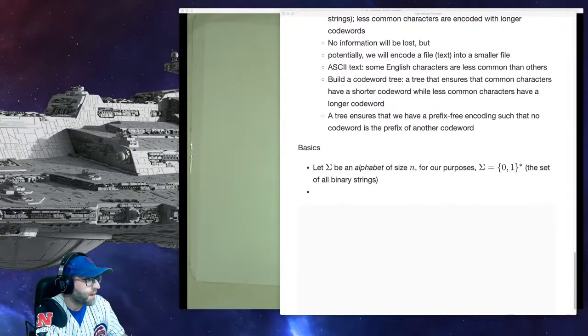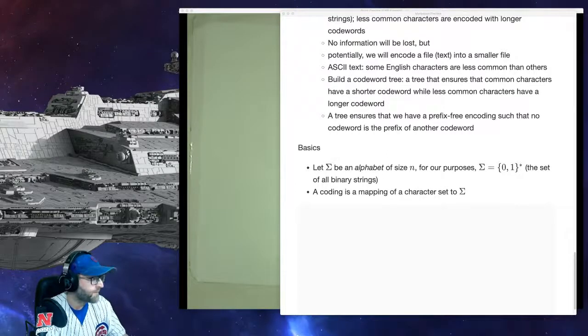Okay. A coding or encoding is a mapping of your alphabet, a character set, to sigma star.